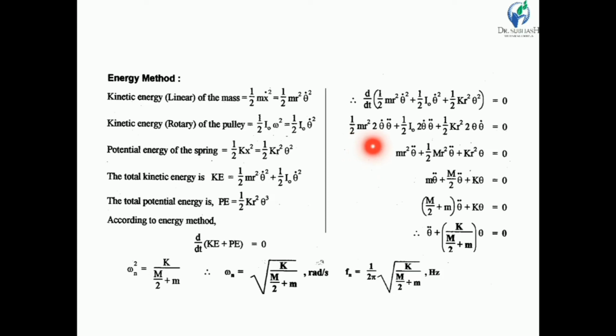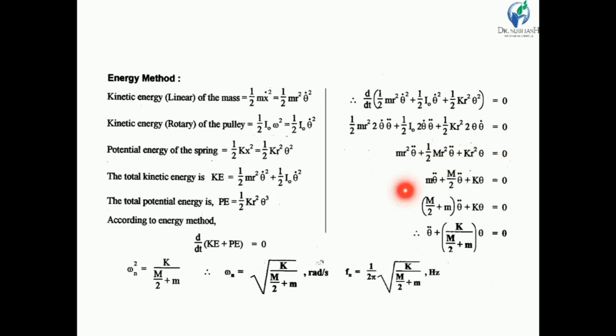The derivative of theta dot square is 2 theta dot into theta double dot, plus 1/2 I O into 2 theta dot into theta double dot, plus 1/2 k r square into 2 theta into theta dot is equal to 0. Now in this equation theta dot is common, and if we simplify, we get m r square into theta double dot plus 1/2 capital M r square into theta double dot plus k r square into theta is equal to 0.